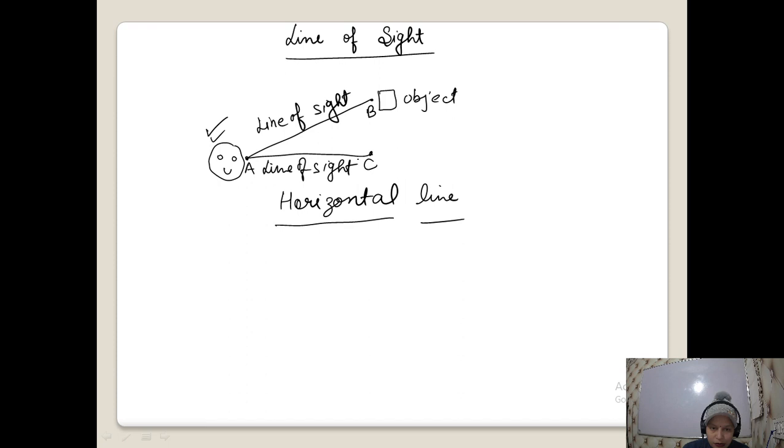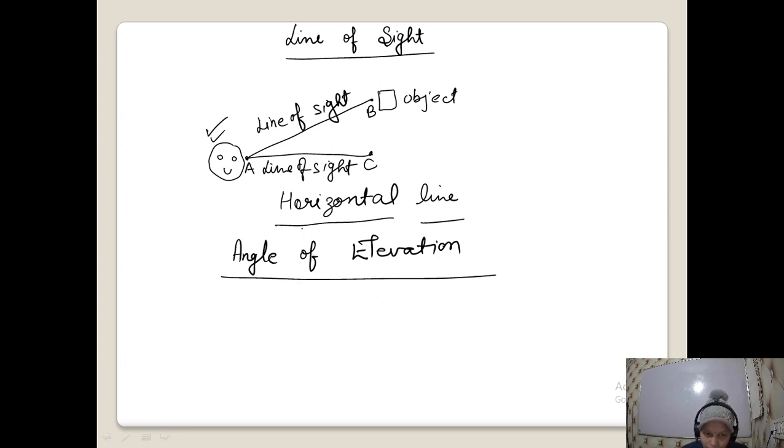Now, next is angle of elevation. Angle of elevation means when an eye is below the object, then the observer has to look up from point A to object B, from A to B, and the measure of this rotation, this angle, is called theta, and this is known as angle of elevation.